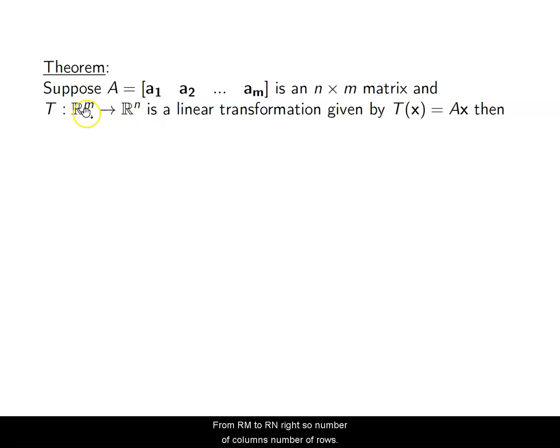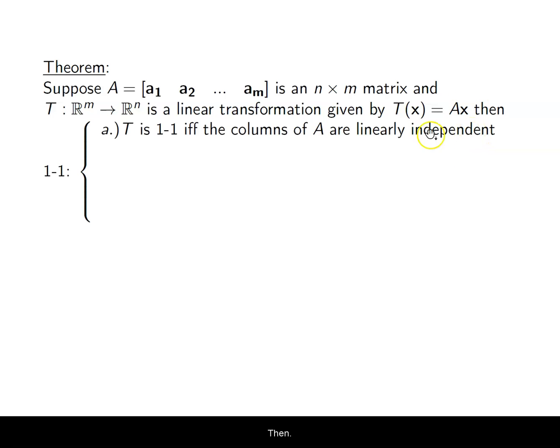So number of columns, number of rows, is given by a linear transformation T of x, where that transformation is this matrix times any vector x that I have, right? So my vector x should have m elements in it. Then, for one-to-oneness, we can say that T is one-to-one if and only if the columns of A are linearly independent.